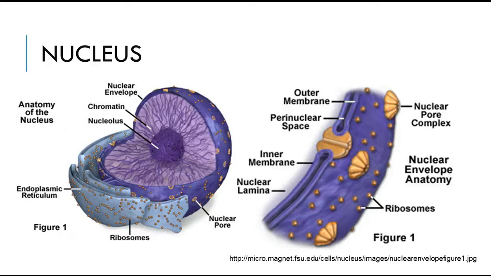The envelope structure. Inside of the nucleus, we said we would have our genome in here. When the cell's not dividing, the genetic material is usually arranged in what we call chromatin. So it's kind of partially packed, but it's not condensed into a chromosome.